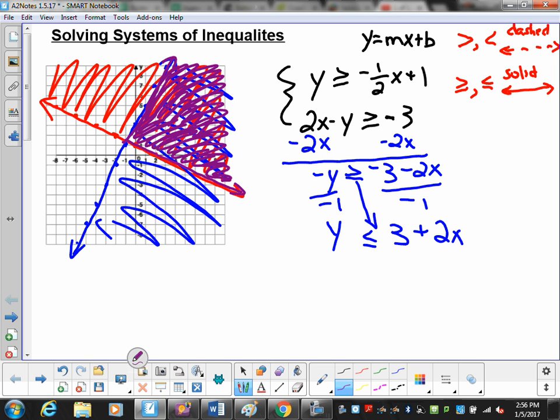Now, real quickly, what about a point way out here? Well, it's not on the grid, but it would be included because it's definitely above the red line and below the blue line. So that's why these arrows are still pretty important. Those keep going, and so does all of this also.